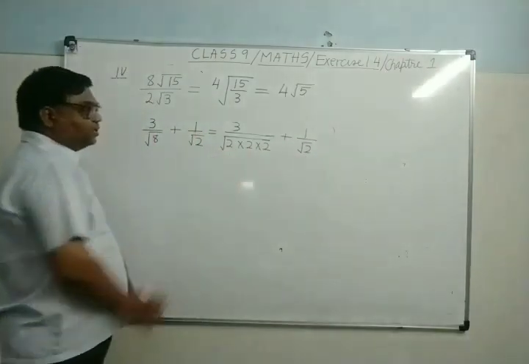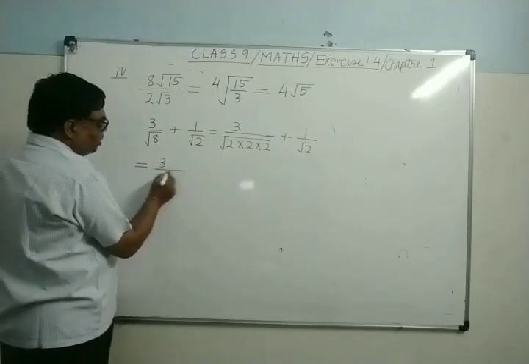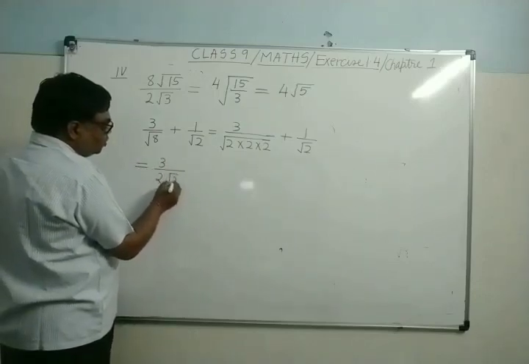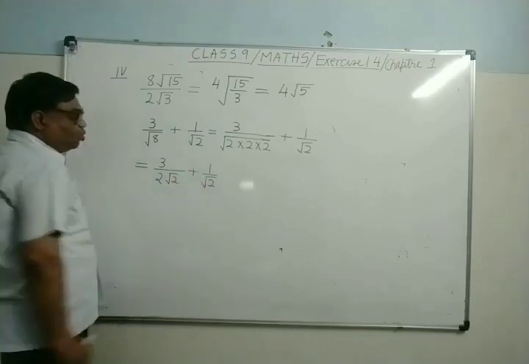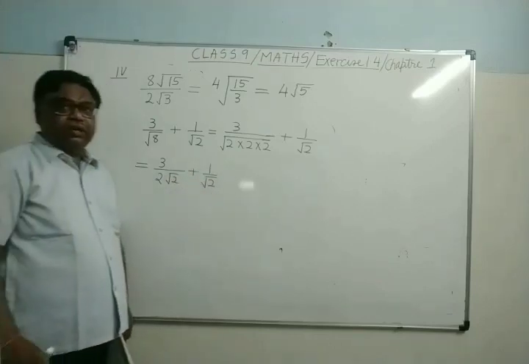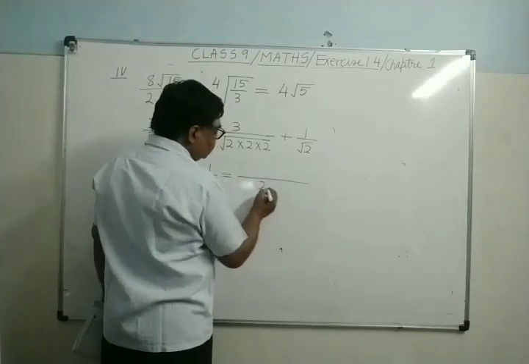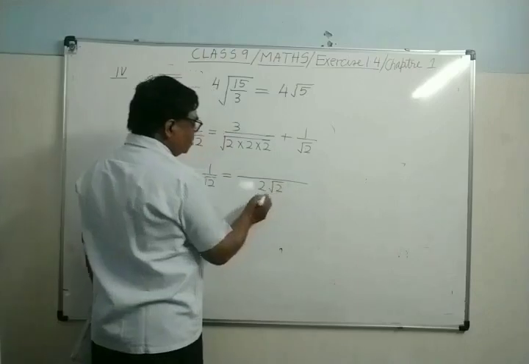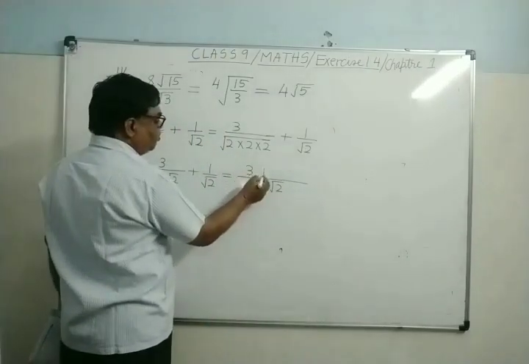Now one pair has been found, so that will come out. So it will be 3 upon 2 root 2 plus 1 upon root 2. What is the LCM? LCM is 2 root 2.